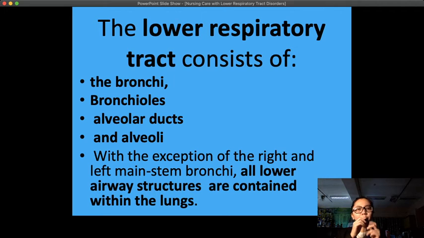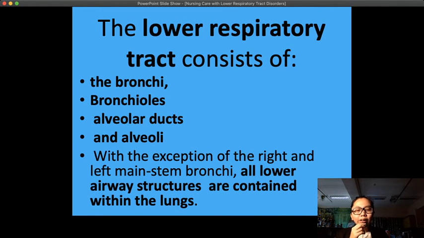So the lower respiratory tract, okay, which is our topic, no, for this morning or for this afternoon rather, okay, consists of the bronchi, the bronchioles, alveolar ducts, and alveoli, with the exception of the right and left main stem bronchi.